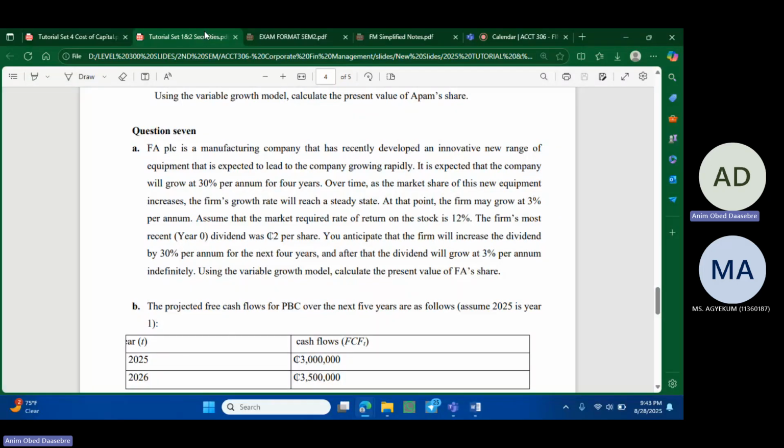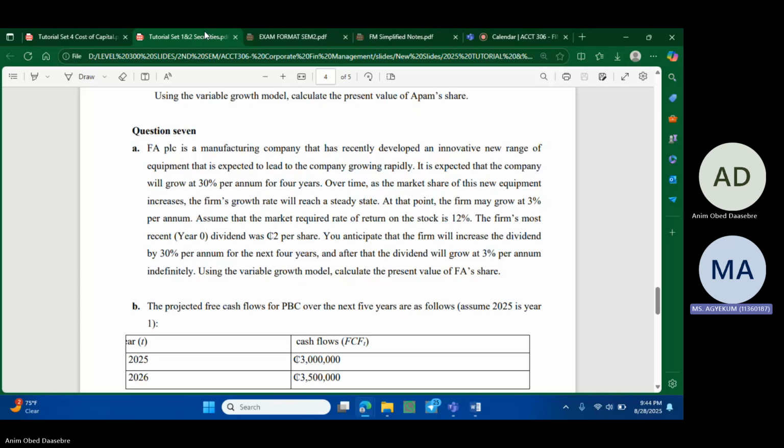Yeah, so read question 7 for me. Okay, so should I pronounce FA or FA? It's FA. Yeah, FA PLC.